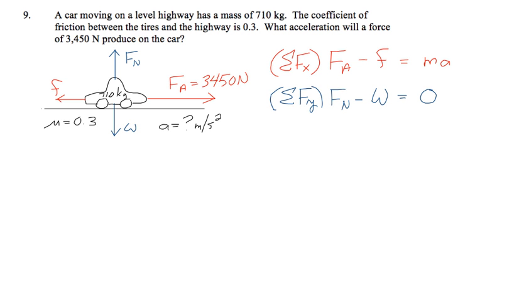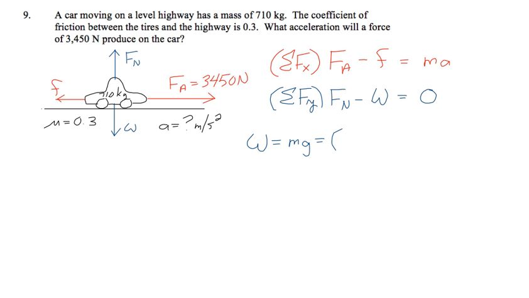And what's the first thing that I could solve in this problem? If I know the object's mass, what can I get? The weight. Okay, because we have the formula that W equals mg.